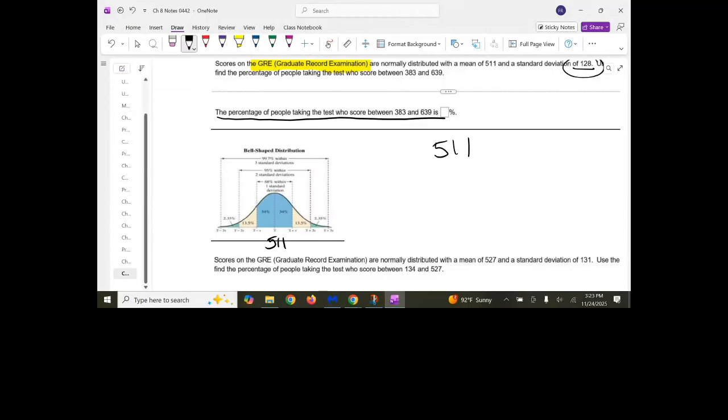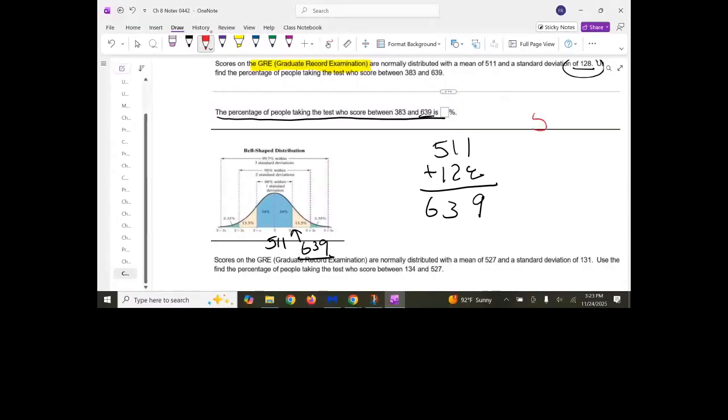So the first thing I'm going to do is take my score, 511, look at our standard deviation, 128, and add 128 and see what number we get. When I add these numbers together, that's going to give me 9, then 3, then 6. So this number right here is not 636, Omar, but 639. I'm going to stop right there because that's the bigger of my two numbers.